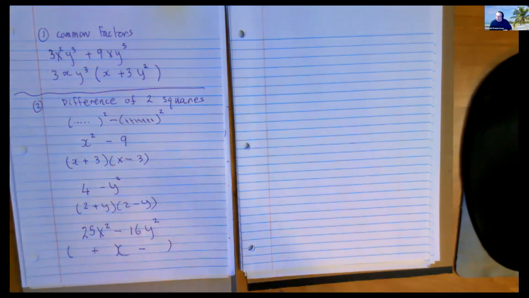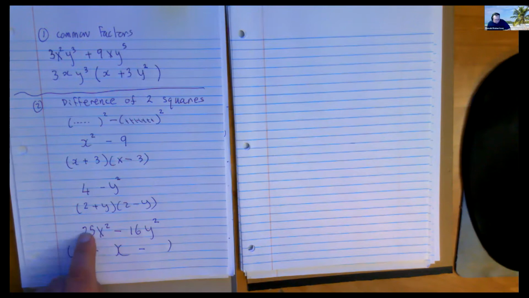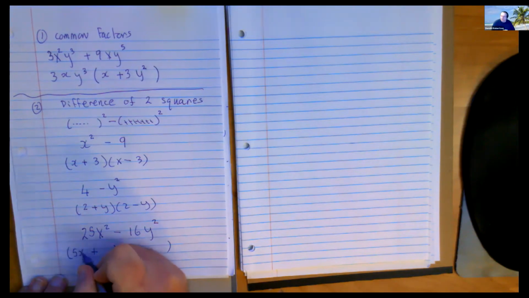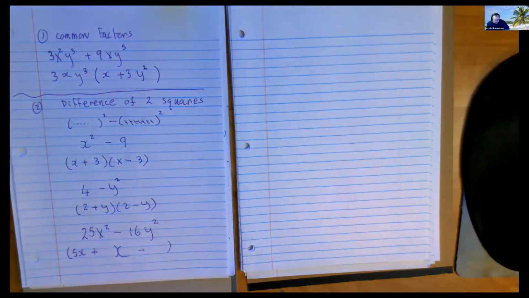That's the shape that this has. I'm going to get the first thing from 25x squared. If it was just 25, wouldn't I write the number 5 down? And if it was just the x squared, wouldn't I just write an x down? But since it's 25x squared, do you see why I write 5x down? Now, using that same argument, shouldn't this become 4y?